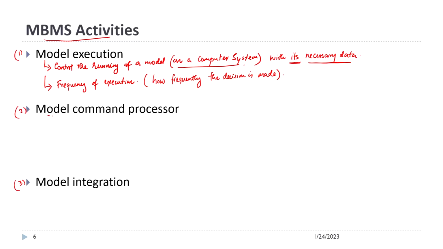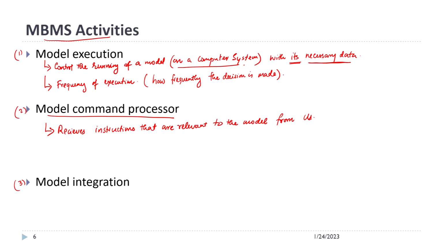Then comes the second part, which is the model command processor. Okay. So, what does it basically do? This is another activity. It receives instructions that are relevant to the model from the user interface.